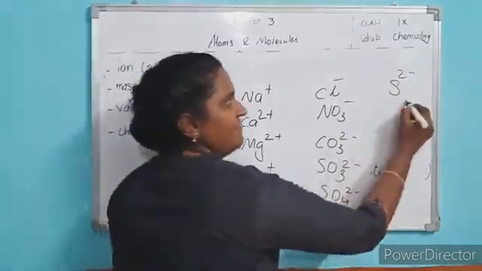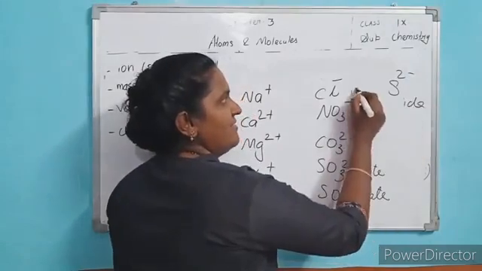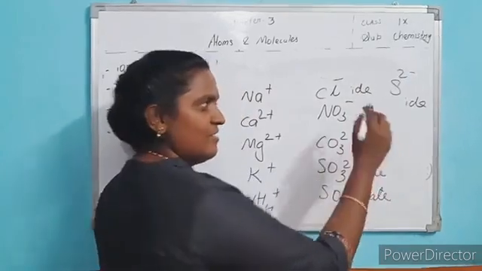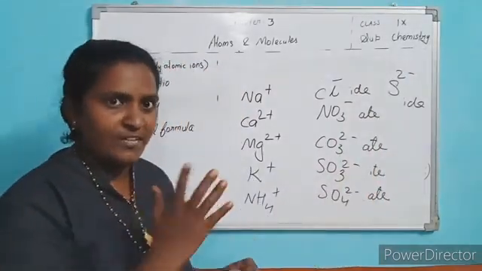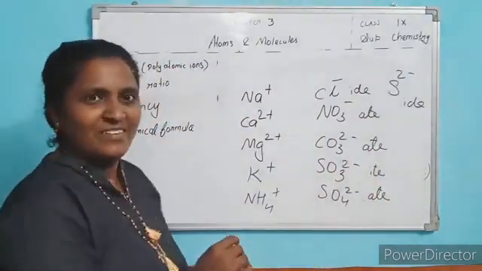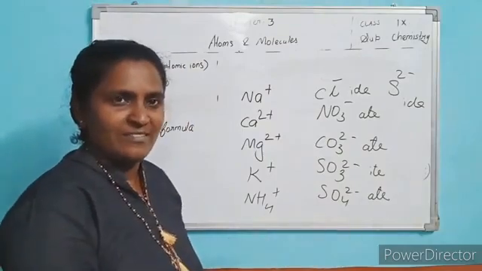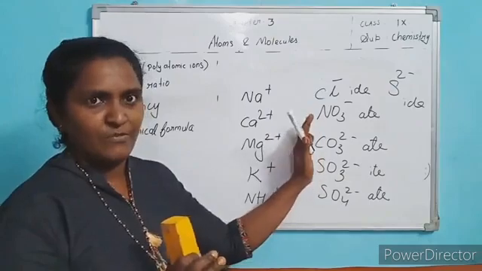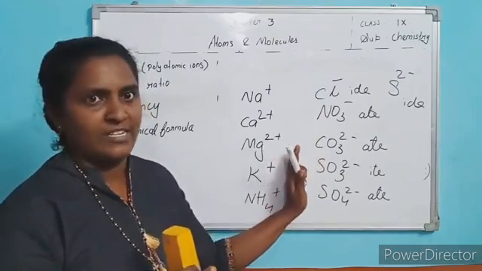This is sulfide, chloride, nitrate, carbonate. These are the radicals given. You learn them, then only we can write the formula and proceed further. Study this thoroughly before the next class, next week.